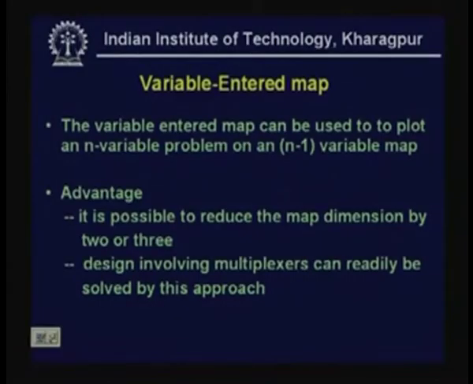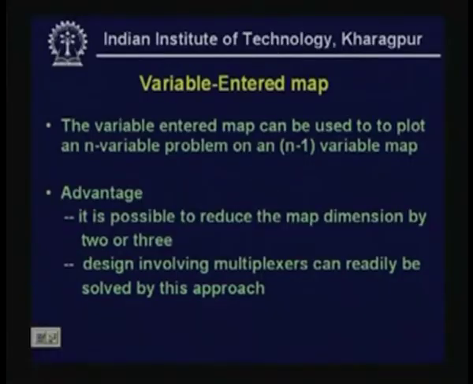Now today we read another thing that is called the variable entered map. So far we have discussed the normal K map, then how we can reduce the extra implicant, or the Quine-McCluskey. Now today we read the variable entered map.